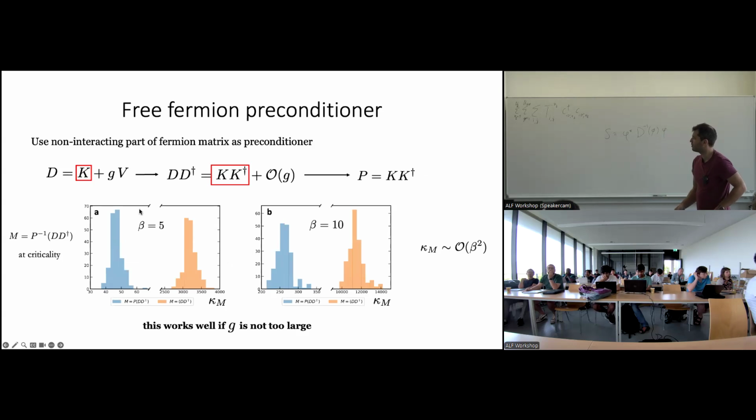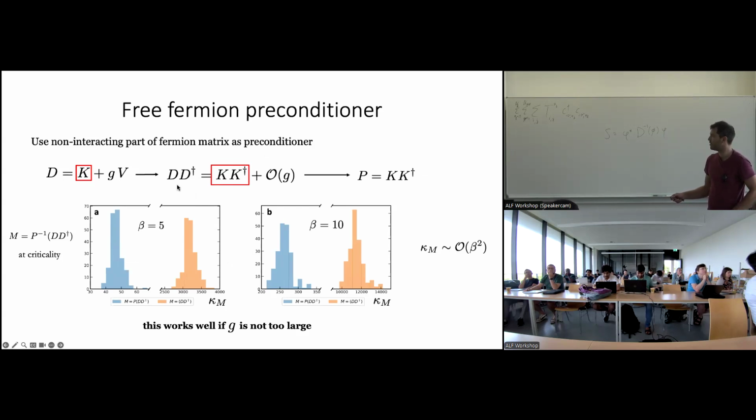Okay, so the first thing that I'll mention is this free fermion preconditioner. The idea is just to use this non-interacting part of the fermion matrix as the preconditioner. If your D matrix has this form, K, which contains all the free fermion parts, plus G times V. V is the interactions with the Hubbard-Stratonovich field, and G is some schematic coupling strength.